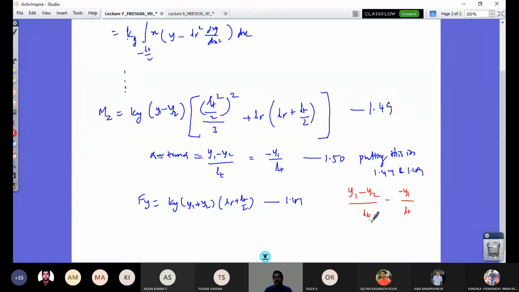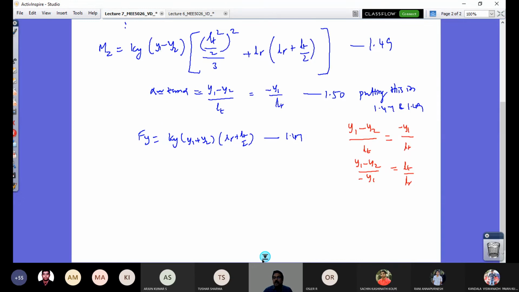So now bring this down on this side. So (y1 minus y2) by y1 is going to be minus LT by LR. So further, I can reduce this: minus 1 plus y2 by y1 is equal to minus LT by LR.